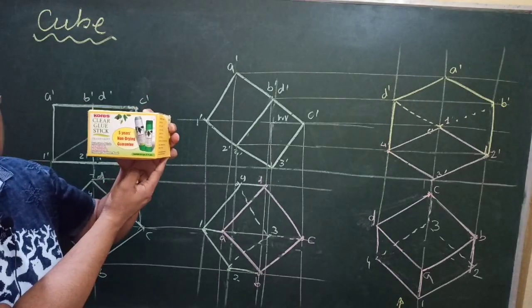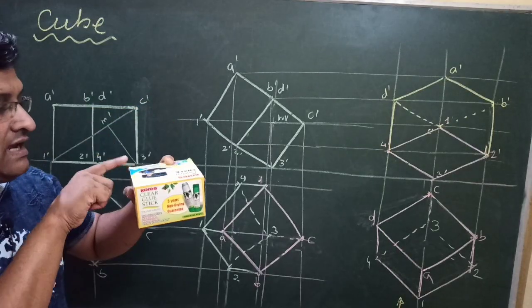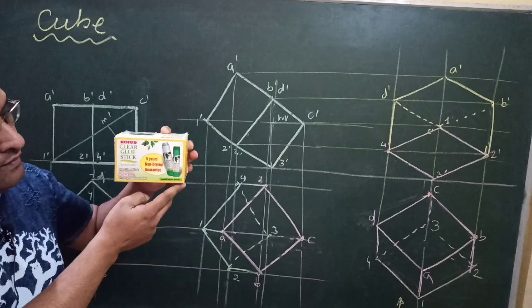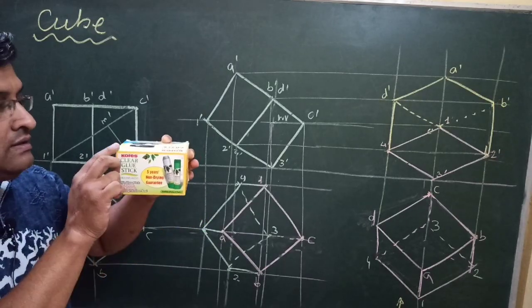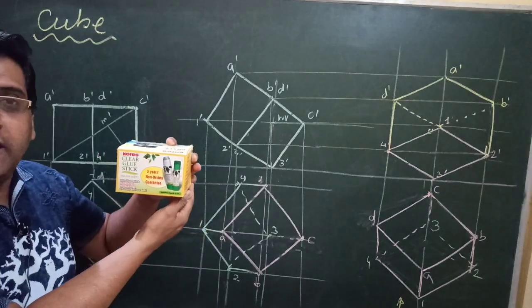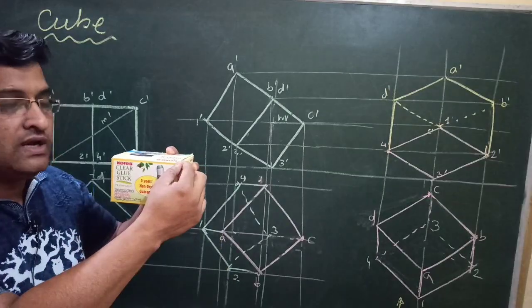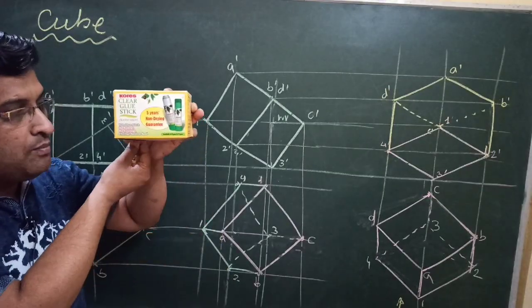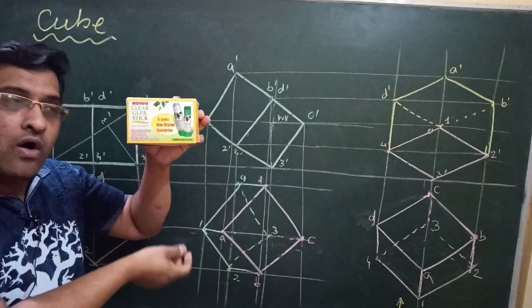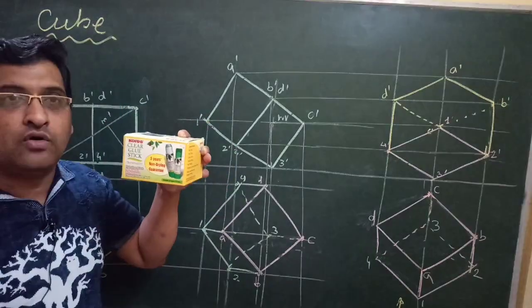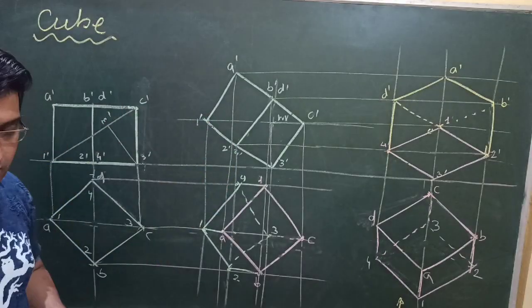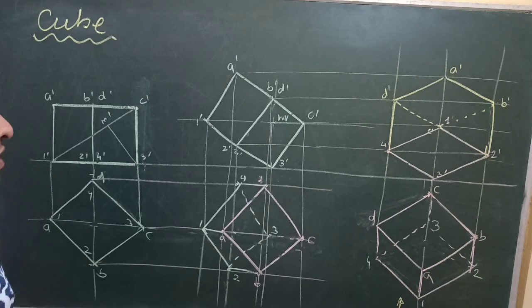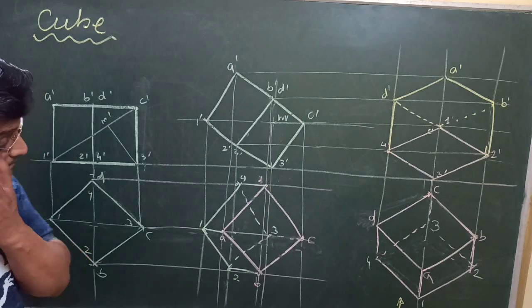If I say A, B, C, D, then A to 3 is a solid diagonal, B to 2 is a solid diagonal, and so on. It means you have to take one upper corner and the opposite lower corner, or a lower corner and upper corner. In this manner it is called a solid diagonal of a cube or cuboid.